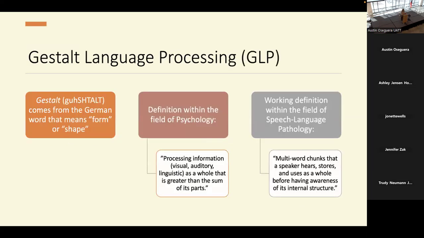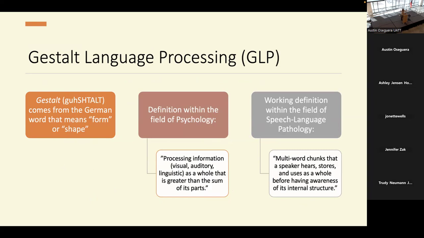So Gestalt, I think the term was first used by somebody, and I should have the person's name here, in the 1980s. But Gestalt, the word, comes from the German word that means form or shape. So it has this connotation of something bigger.